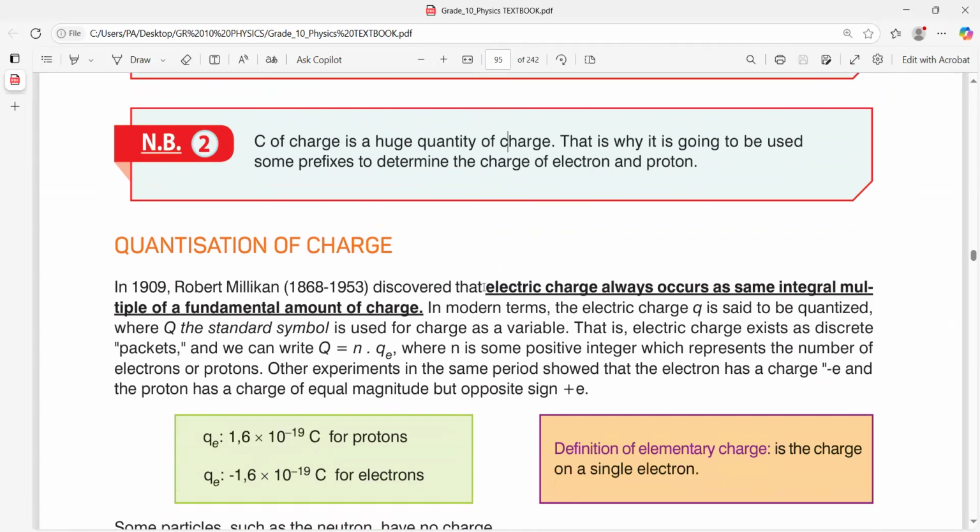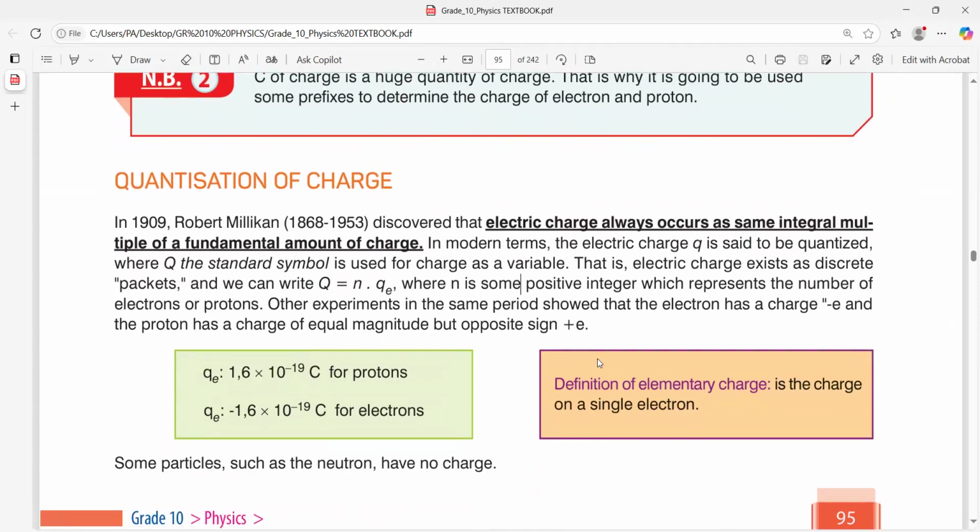And the quantization of charge, there's another definition. It depends on the number of electrons you have in your object. Definition of elementary charge: charge of an electron. So this is our first formula for this topic. Other formula also we have, just adding and dividing by 2. So Q equals N times Qe.